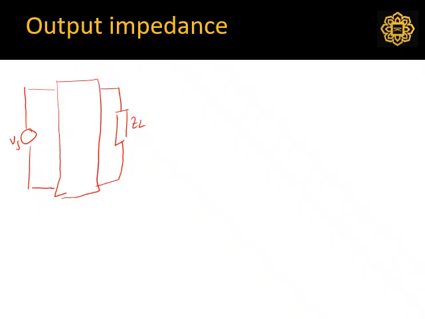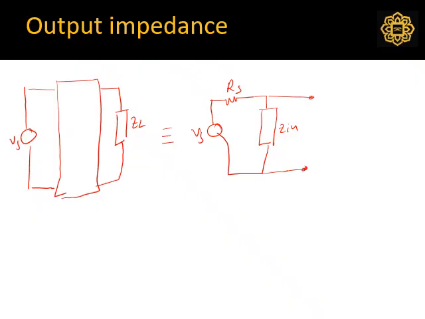Before it goes into the load, it can be somewhat equivalent to this, like Vs, which will have some internal resistance. Every voltage source has some internal resistance, and then you will have an input impedance of this whole system, Z in, and then you will connect it to the load, which is ZL.